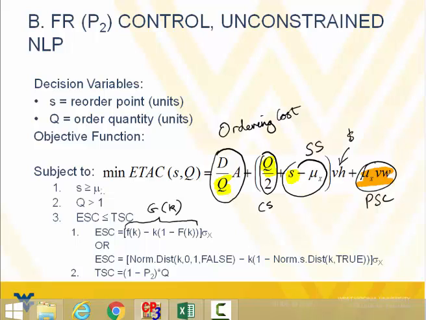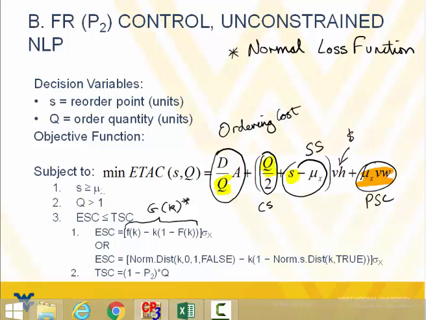This is called the normal loss function.